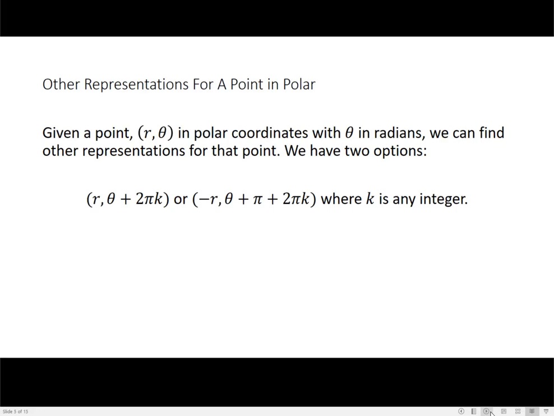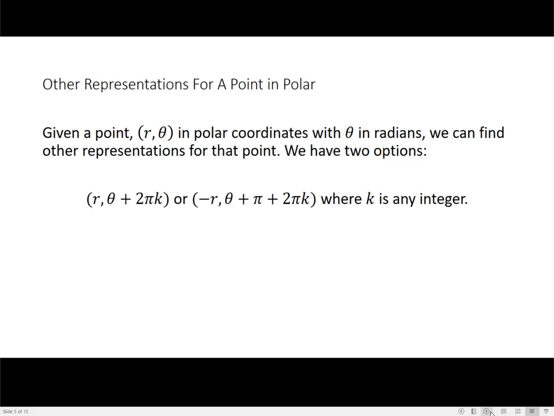So we do have other representations for a point in polar coordinates. There are multiple different ways to write the same point, with different angles, or with r being positive or r being negative. So we have two options here.